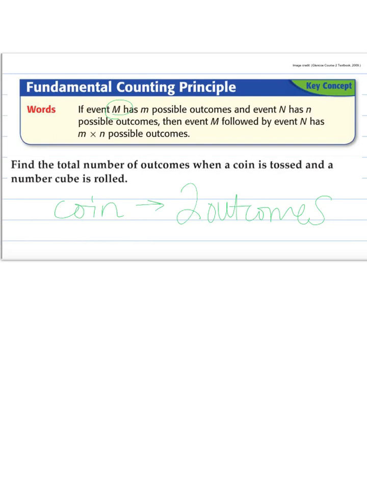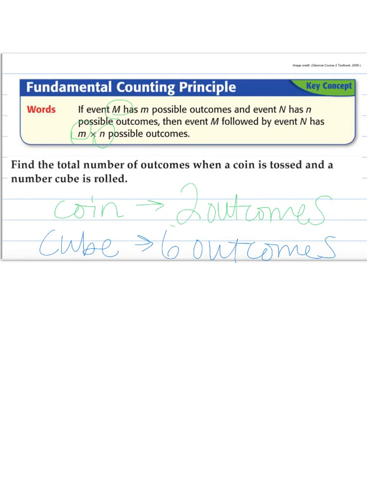Now, next thing, we are rolling a number cube. This is like a 6-sided dice. Okay. Well, we could roll a 1, 2, 3, 4, 5, or 6. That is 6 outcomes. Okay. Now, according to the fundamental counting principle, if we take the number of outcomes from M and N and multiply them together, that'll tell us the total number of outcomes.